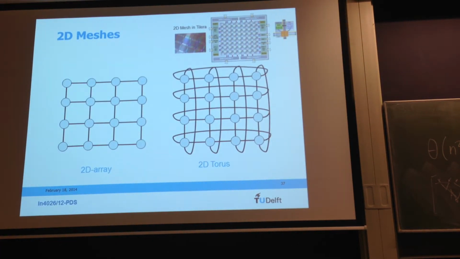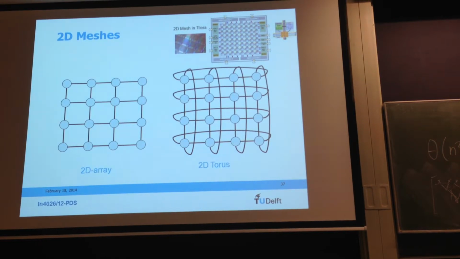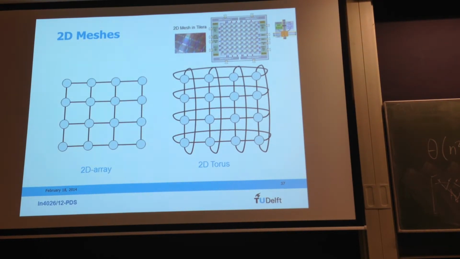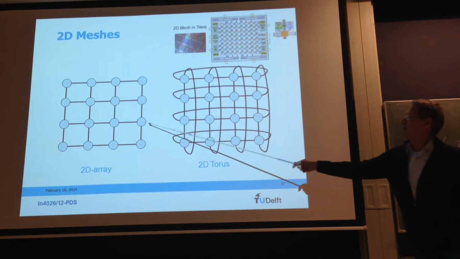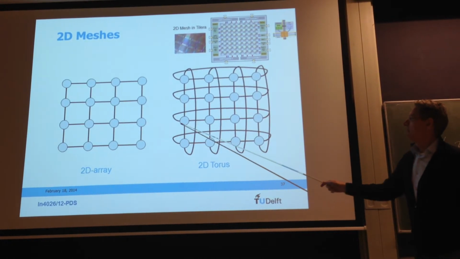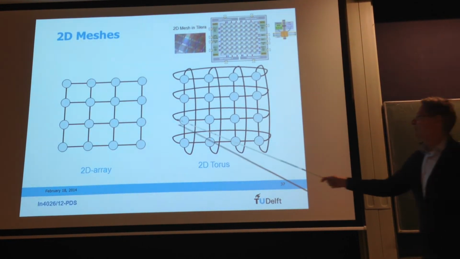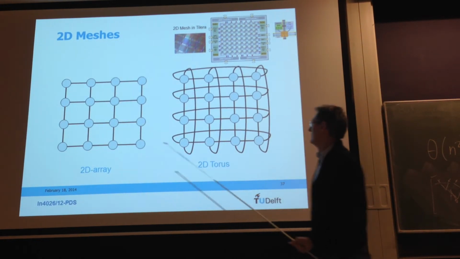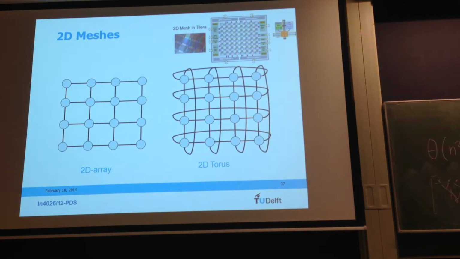A 2D mesh, right? This is a 2D array. If we also make the endpoints connected, then we are talking about a torus connection. This is an example of a 2D mesh in the Tilera chip here.